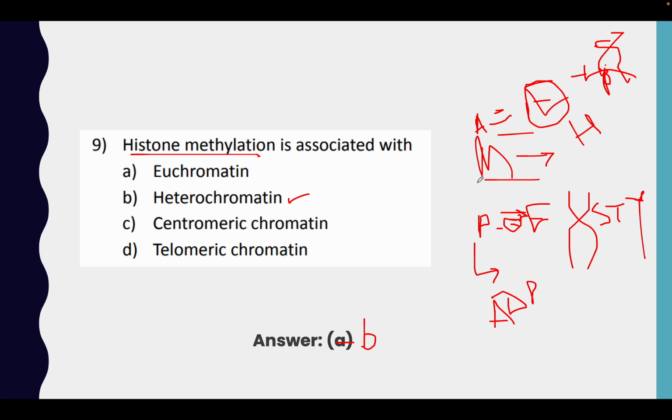Okay, this provides a methyl group, and this acetylates it. What is the difference between acetylation and methylation, first of all? The major difference is euchromatin and heterochromatin, but what is acetylation and methylation?